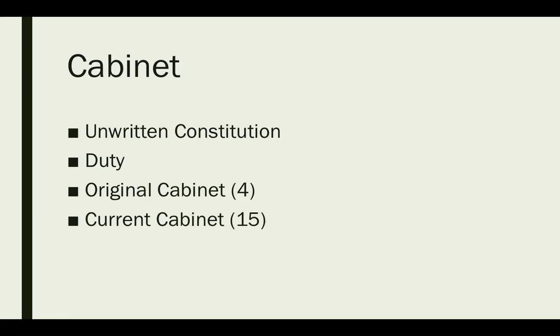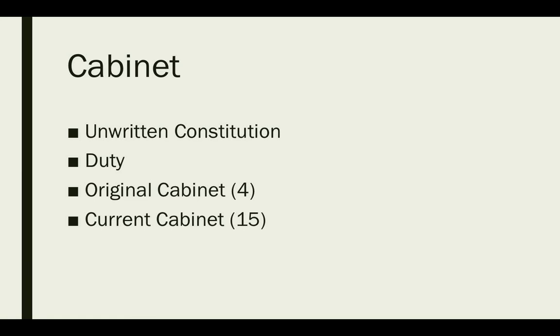Now, the cabinet. When we look at the cabinet, this is another piece that has evolved over time. The cabinet is a part of what we call the unwritten constitution. This has been a tradition of presidents, beginning with Washington and being carried out ever since. It's tradition. It is not something that was formally written down, but it is something that has always been done.